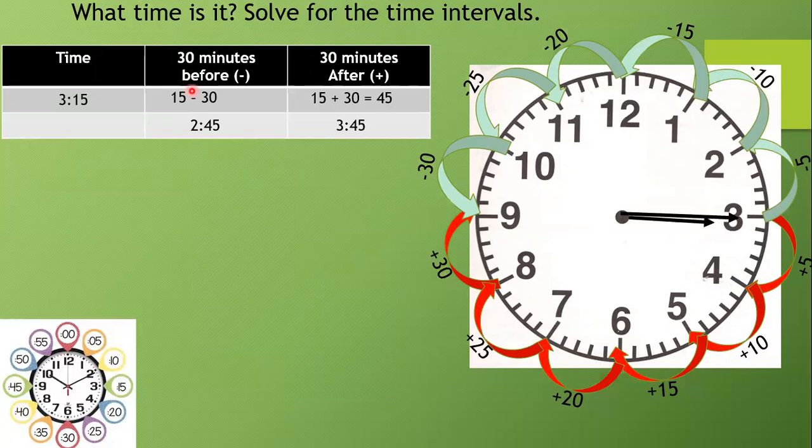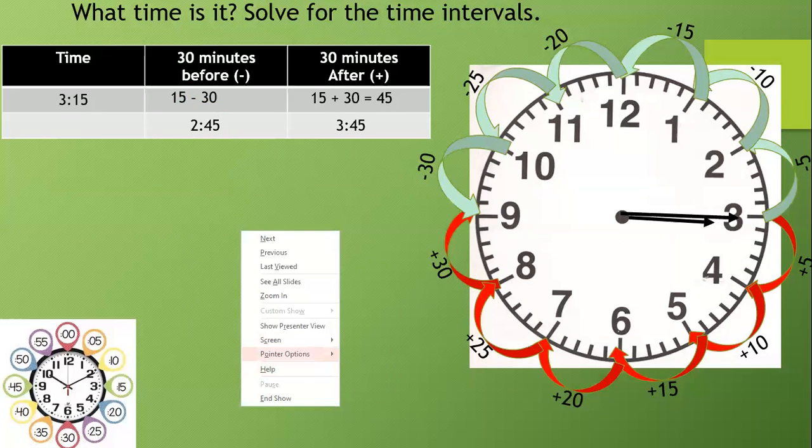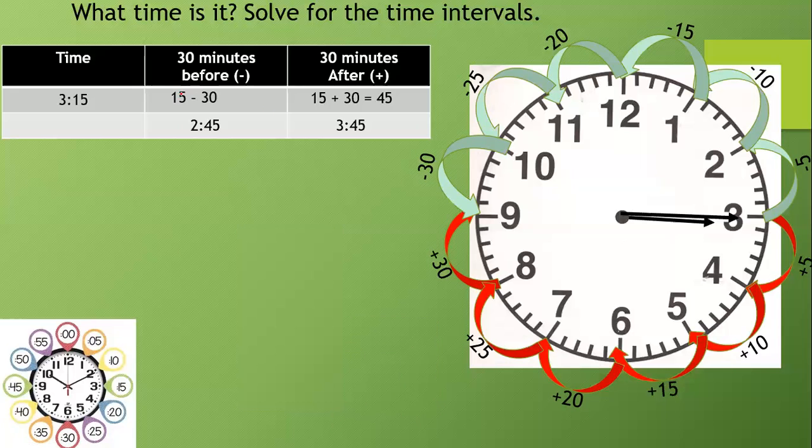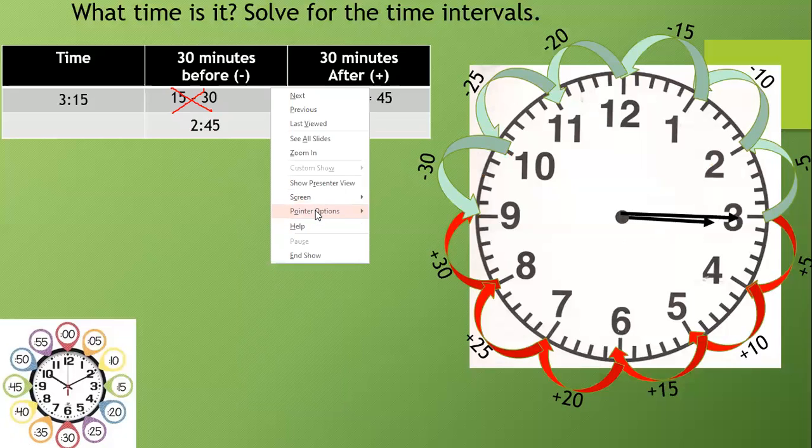That strategy will not work there. So as we can see, when we go backwards, we will land on 2:45.